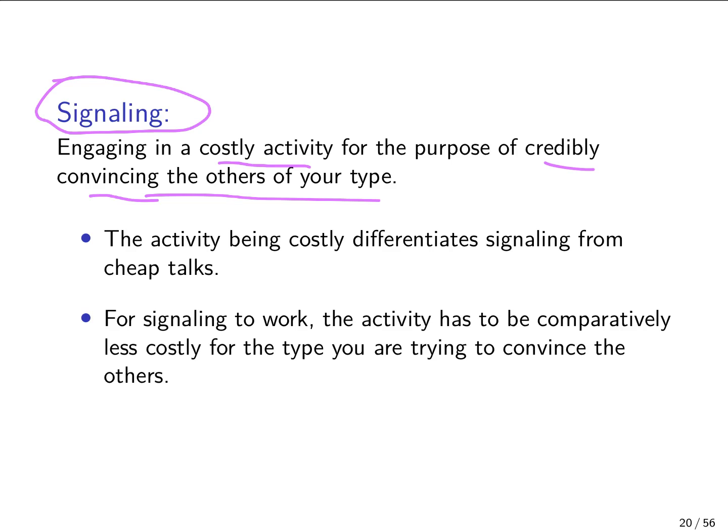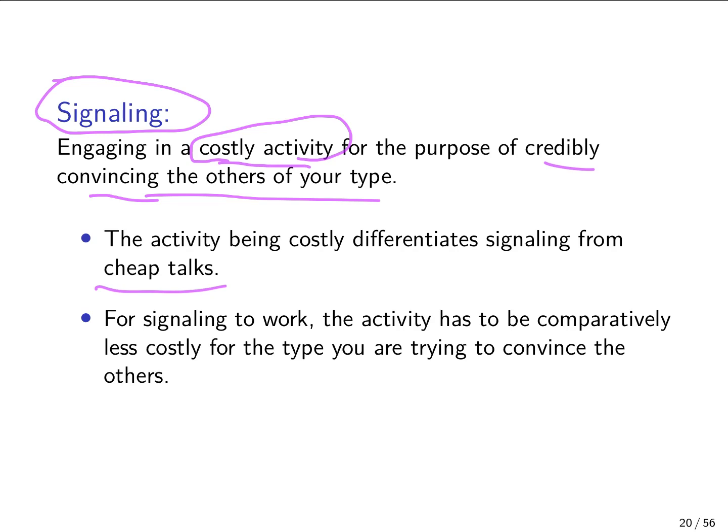Signaling is a way, by doing something that is costly, to signal to others that you are that kind of person or corporation, right? And note that this is different from just talk, which we often call cheap talk. There's a saying, talk is cheap, right?